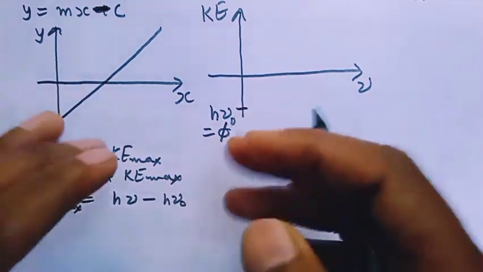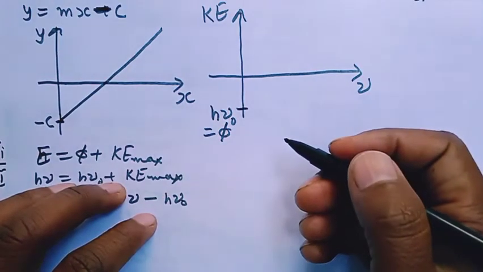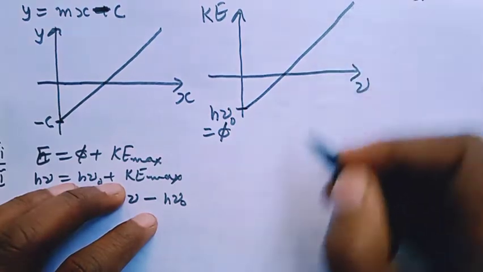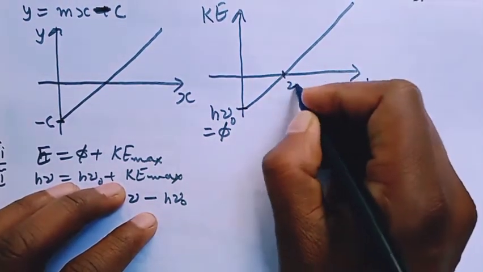If we take its positive value, then it will be phi, and this will be the graph. Here we will have this nu naught.